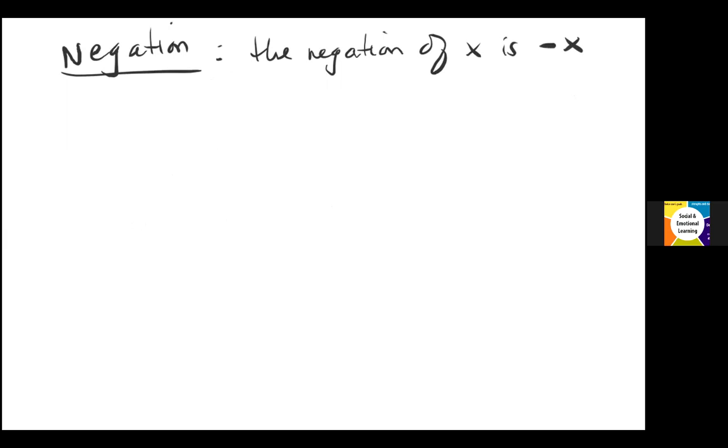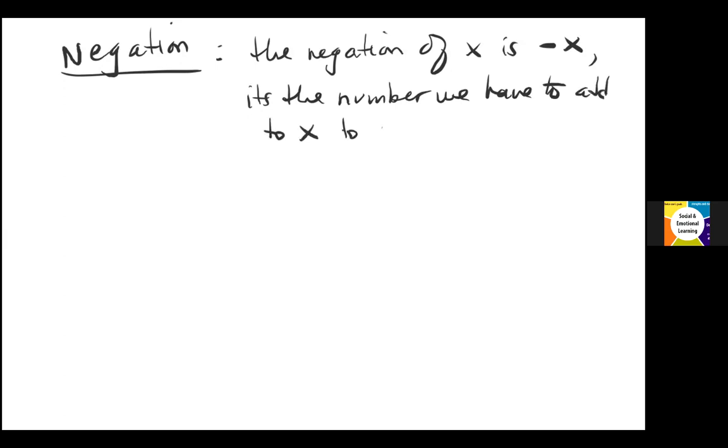Another way we can think about it is it's the number that we have to add to x to get 0. That's one definition of negation. So we could say x plus negative x is going to be x minus x, which is 0.